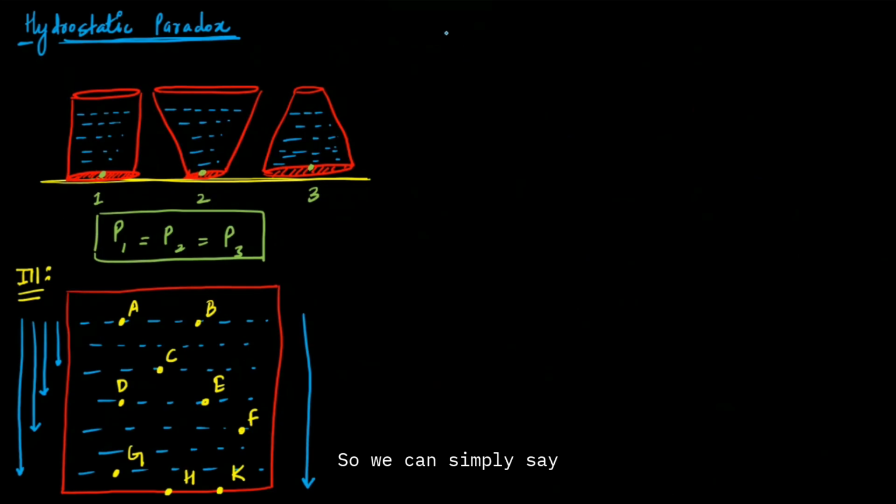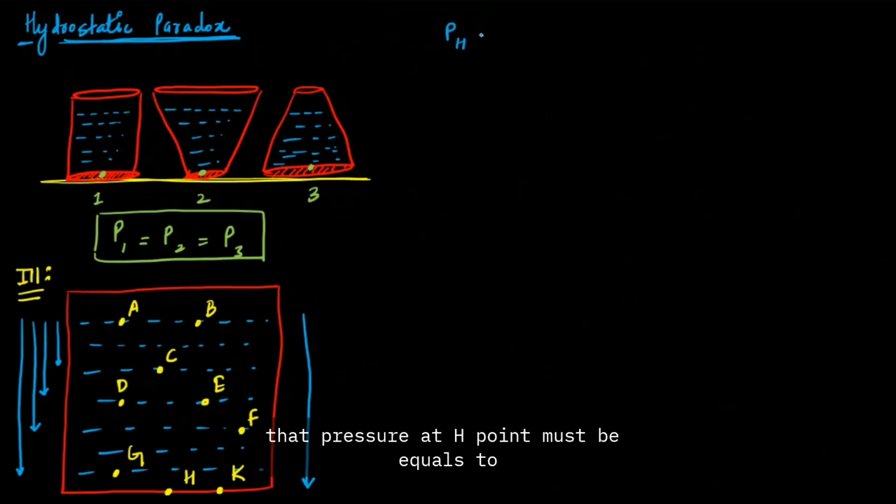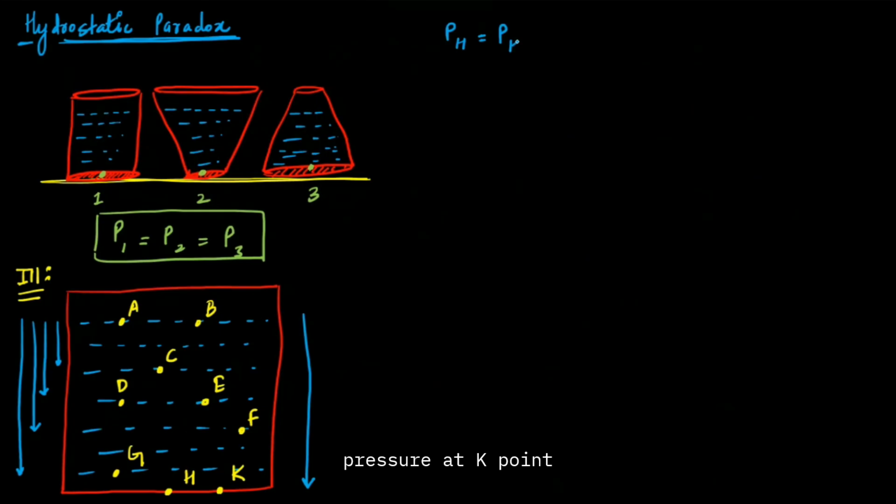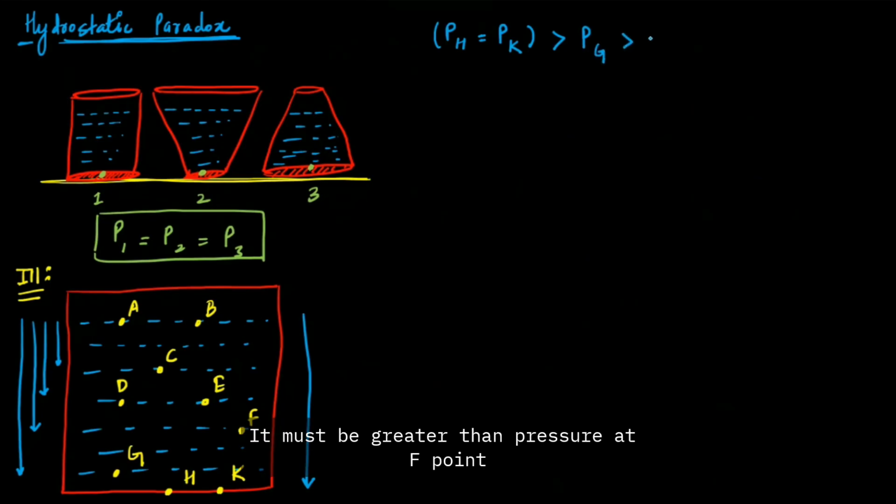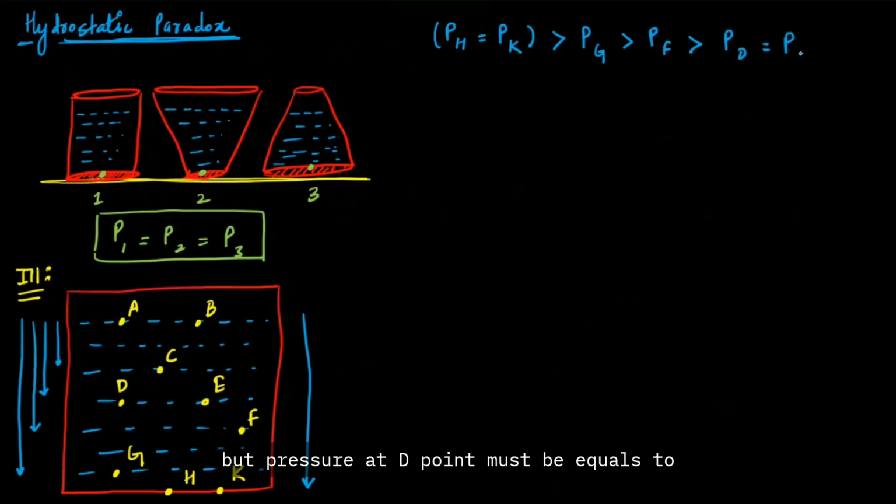Exactly. So we can simply say that pressure at point H must be equal to pressure at point K because of Pascal's law. Pressure at the same depth must be the same. This whole thing must be greater than pressure at point G. It must be greater than pressure at point F. It must be greater than pressure at point D, but pressure at D must be equal to pressure at E, again using Pascal's law.